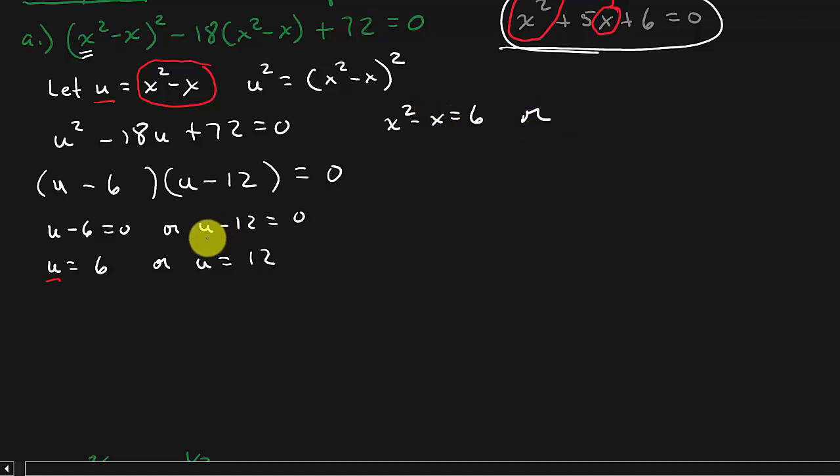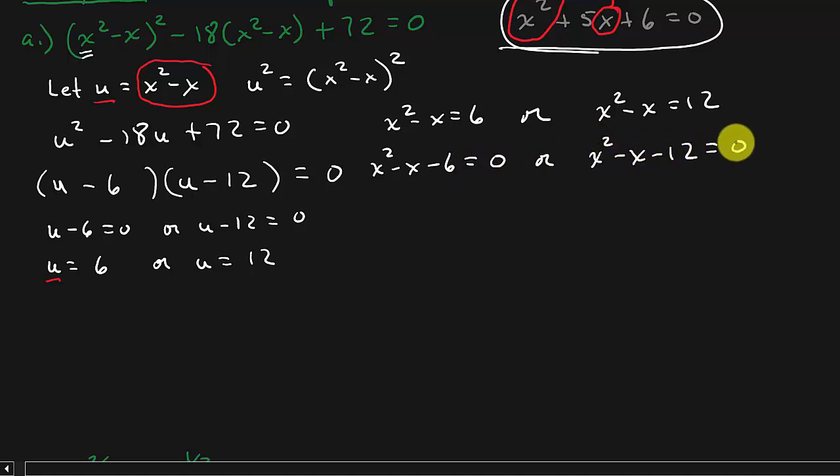And I'm going to do the same thing with this u. I'm going to replace it with x squared minus x. And now I got another quadratic equation to solve. Move the 6 over, factor. Move the 12 over, factor. So x squared minus x minus 6 equals 0, or x squared minus x minus 12 equals 0.